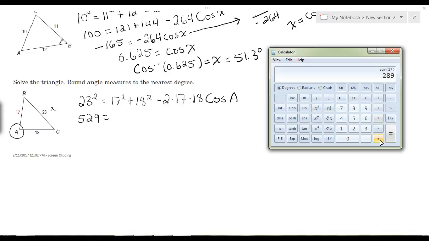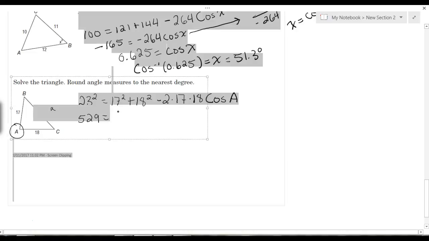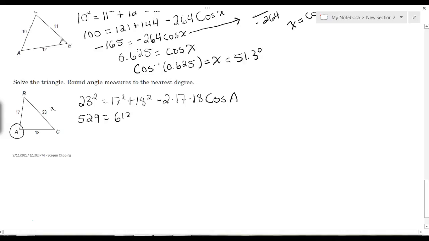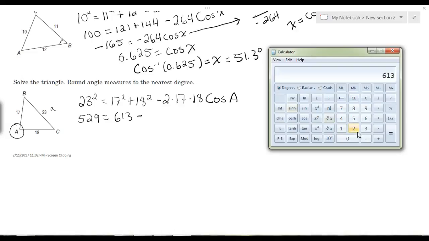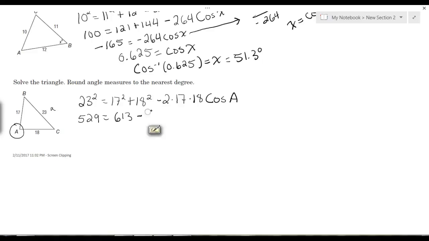I'm just going to go ahead and add that right now to 18 squared, and I get 613. So I'm going to go ahead and write down that 613. 613 minus 2 times 17 times 18 equals 612. So let's go ahead, write that equals 612 cosine of A.